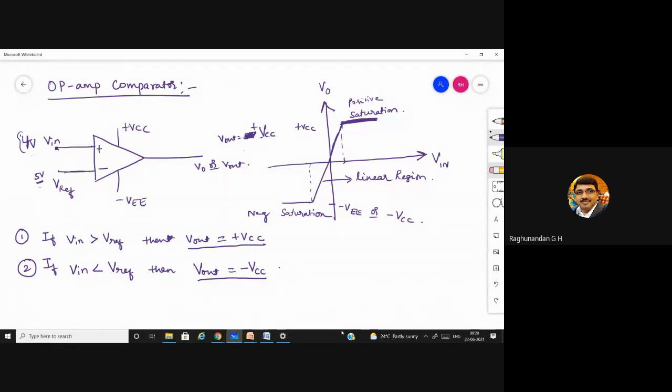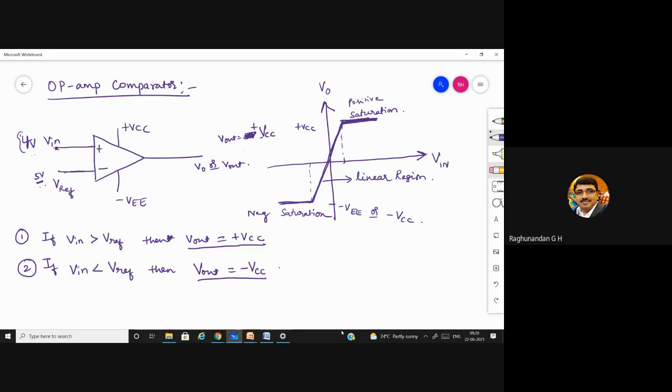So it was at plus VCC. Now, when the input is lesser than the reference voltage, it needs some time. It will take some time to come back to the negative saturation level. That's why we have this linear region.